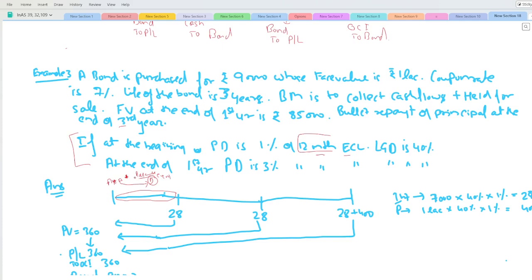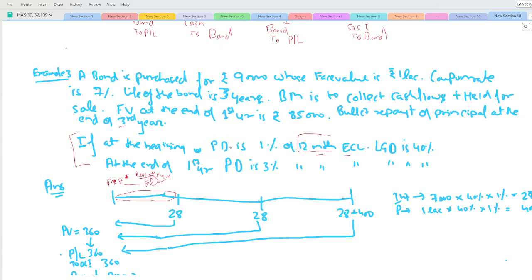This is the one default event I have taken, triple A plus to D. So what is the probability that within 1 year the bond's rating will go down from triple A plus to D? That is the interpretation of the 12-month ECL.